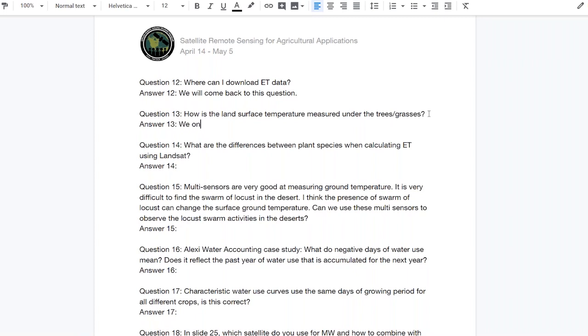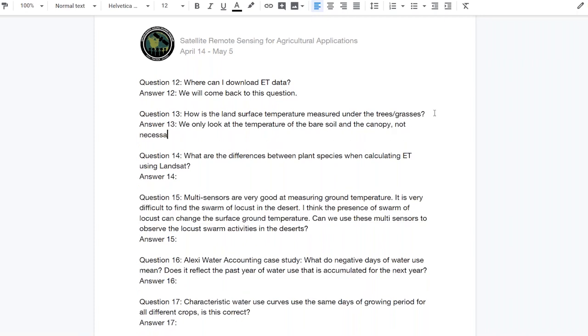I think on some level there is some need in some areas, especially in savannas where you have more sparse tree cover, but from a modeling standpoint it is difficult. You need to almost go to a three-source model where you're also trying to model the under the canopy state.